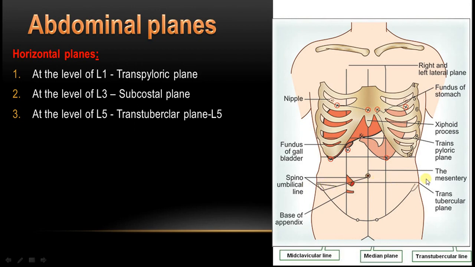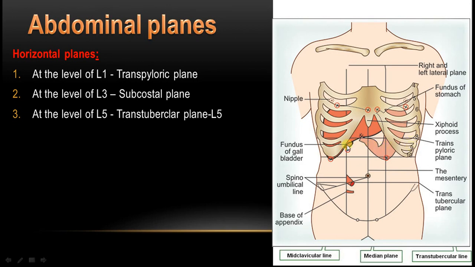The transpyloric plane is an imaginary plane which passes along the first lumbar vertebra. A line is drawn along the lumbar vertebra posteriorly, and anteriorly it will cut across the tip of the 9th costal cartilage.